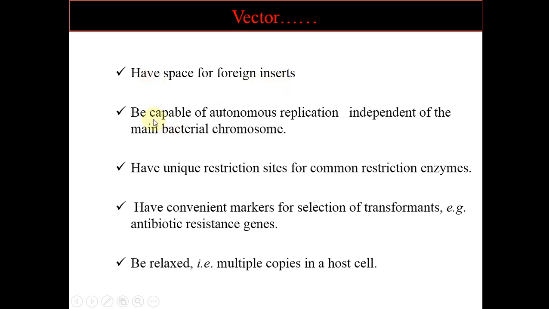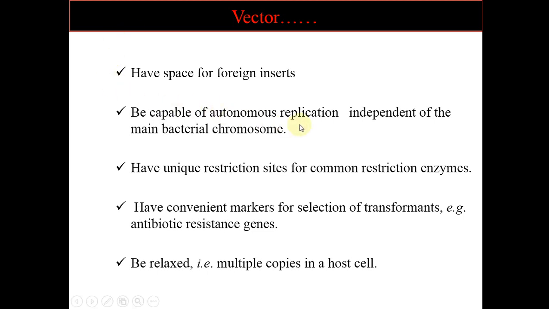Then it must be capable of autonomous replication. Autonomous replication, that is, it should replicate independently of the main bacterial chromosome. That is, when it is transferred into the host cell, its replication, vector का replication must not be dependent on host cell's DNA replication.